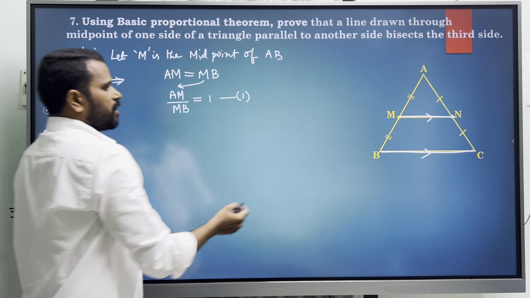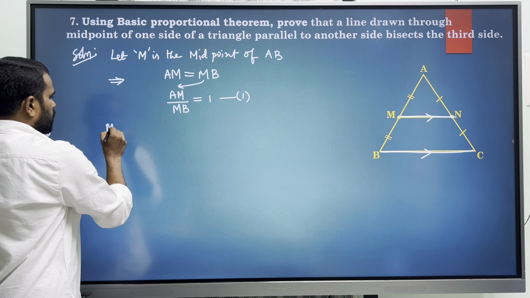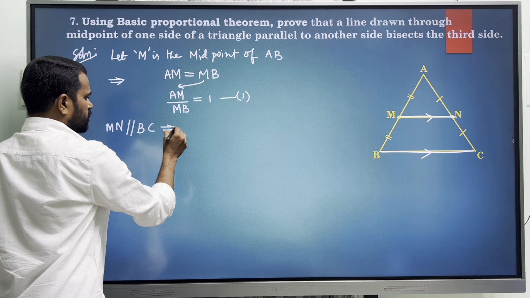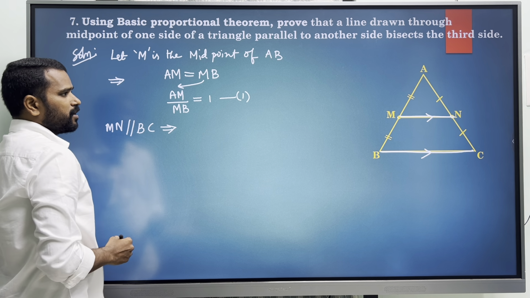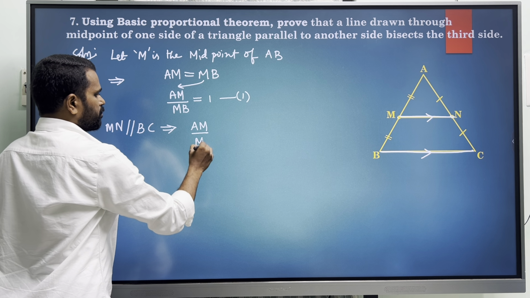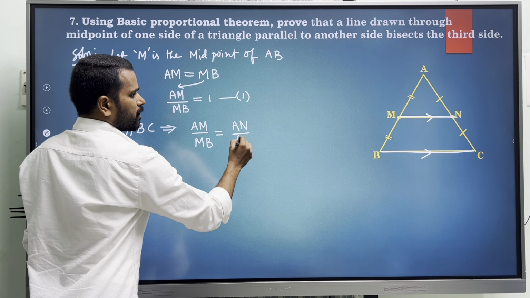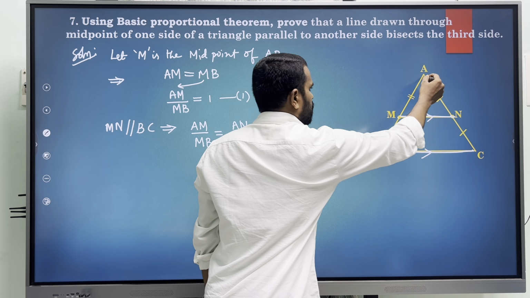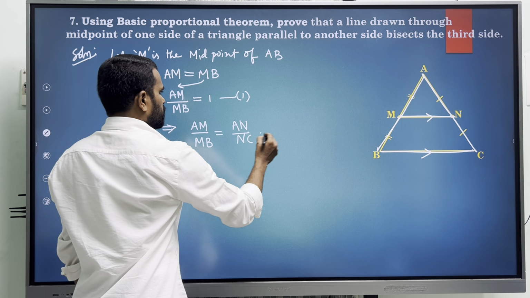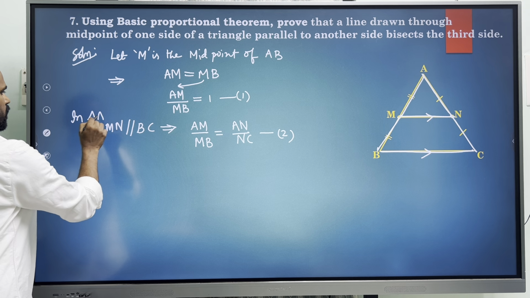Now, what is given? Also MN parallel to BC, right? That implies, by the basic proportionality theorem, AM by MB is equal to AN by NC. Okay, this is equation 2, in triangle ABC.